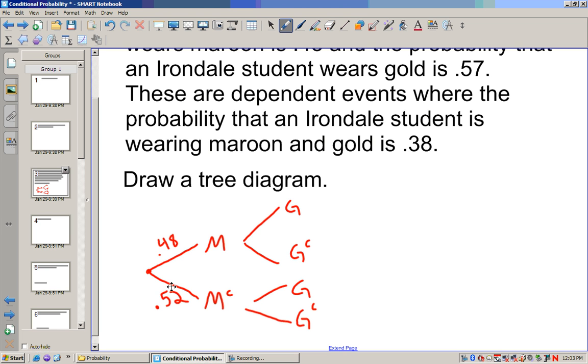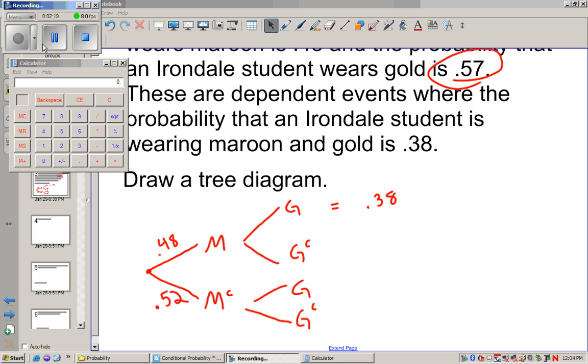Now, the probability that they wear gold is this one and this one together, so we can't fill in this number quite yet. But we know that the probability that they're wearing maroon and gold, so this and this together, will be 0.38. So if I want to find out just this probability, I know 0.48 times some number equals 0.38.